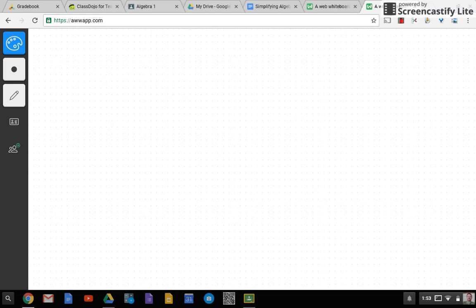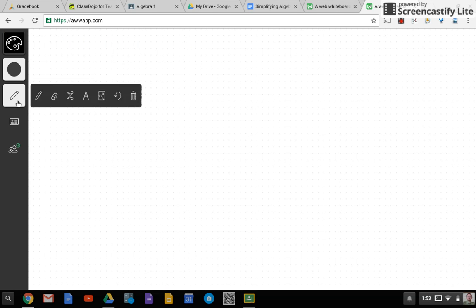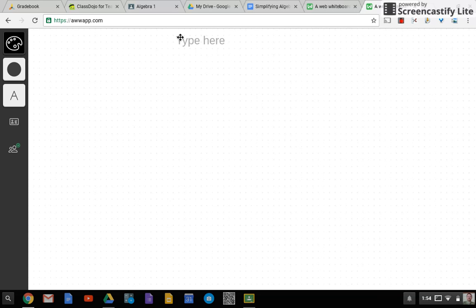So of course, as always, in your notebook, we are going to have a title at the top, and we're going to get our I can statement in there. The title at the top would be simplifying expressions. This would be at the top of page 24, by the way.